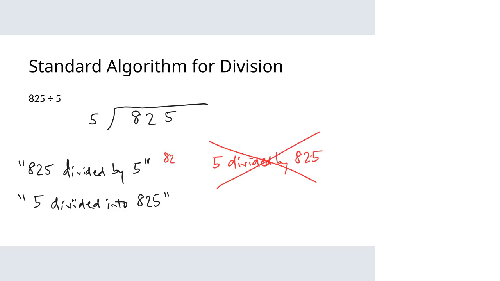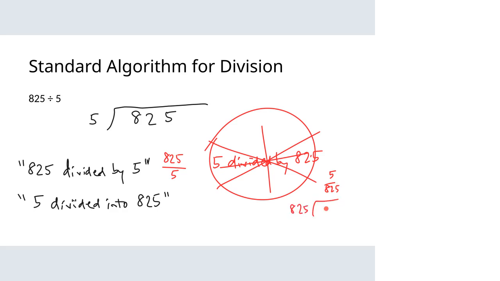It could be written as a fraction or with a division bar that way. 825 divided by 5. That would mean the same thing there. Or we could say 5 divided into 825. But be careful not to use this language because that's no good. 5 divided by 825 would be the other way, which that's not what we're after here. So be careful about that language.